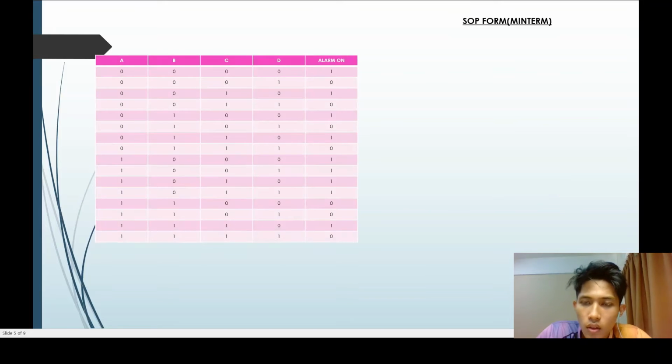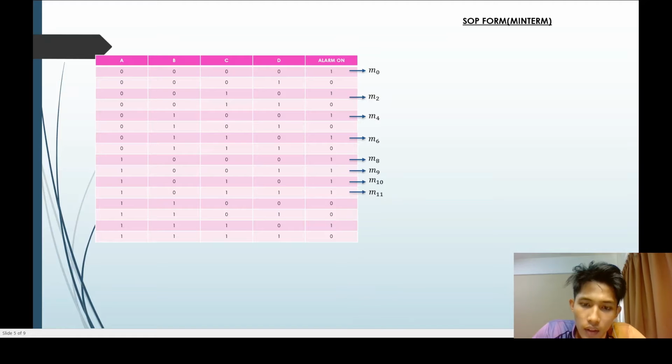So next, the next question wants us to find the SOP form, which is a minterm. We need to know that for the SOP form, we only focus on the output 1. So the first one is the 0 term. Next are the second, fourth, 6, 8, 9, 10, 11, and 14.